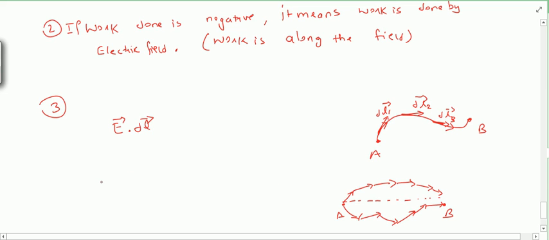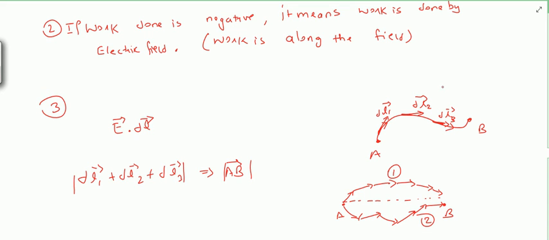If you add up all these, dl1 plus dl2 plus dl3, for this path or this path, or any other path, all will give the same answer, which is nothing but the AB vector.